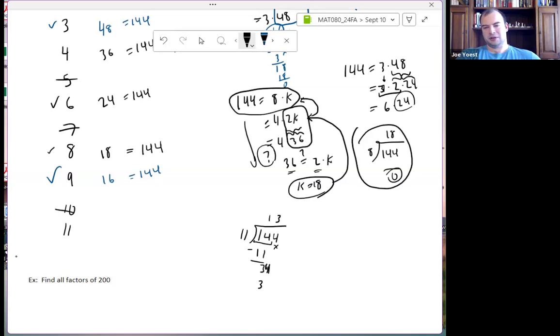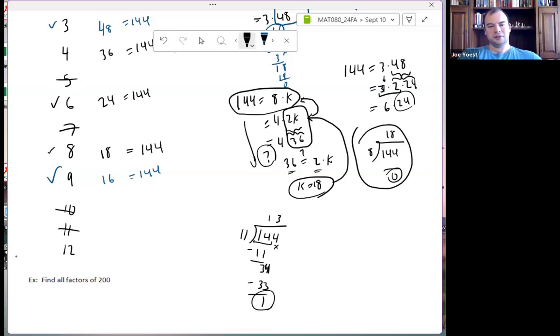That leaves me with a remainder of 1. Since my remainder is not 0, 11 is not a factor of 144. 144 divided by 11 doesn't give me a natural number. So no, it doesn't.